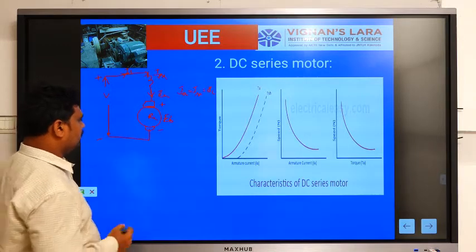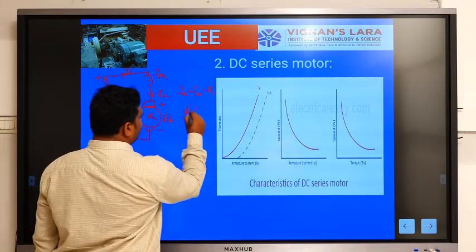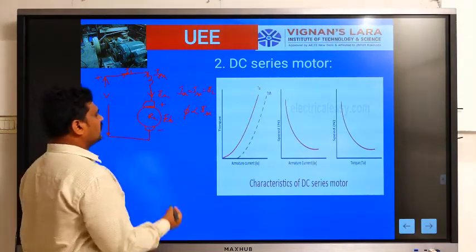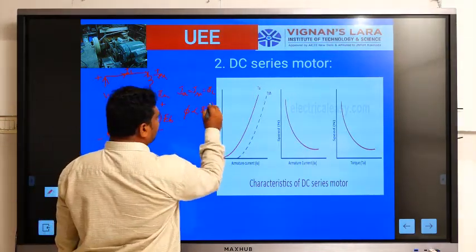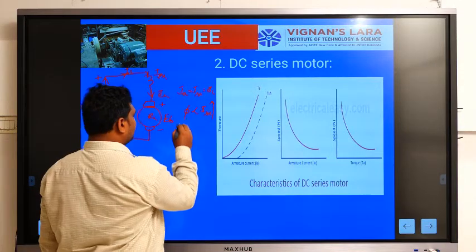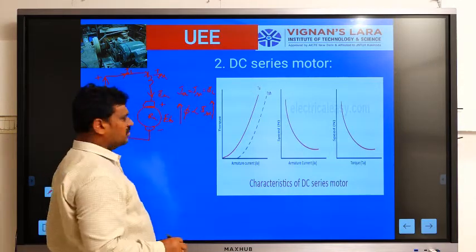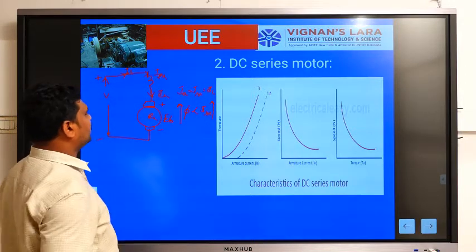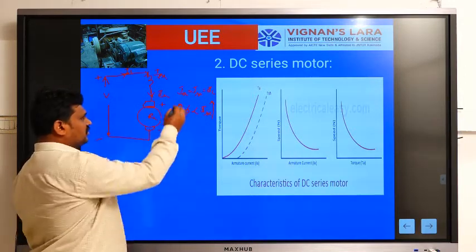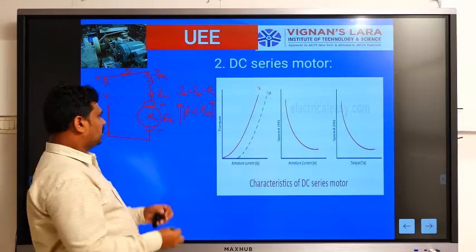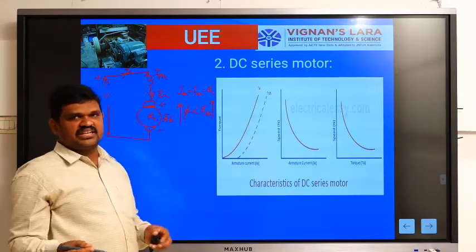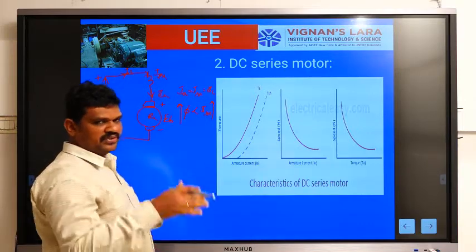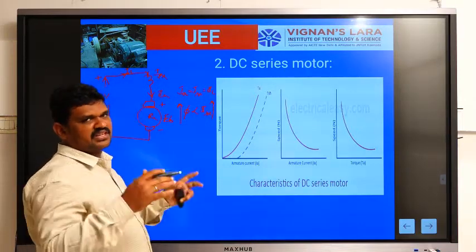Now the flux is proportional to the series field current. If the series field current increases, the flux will increase. So in this series machine, if you load the machine, the series flux magnitude will increase. Why?